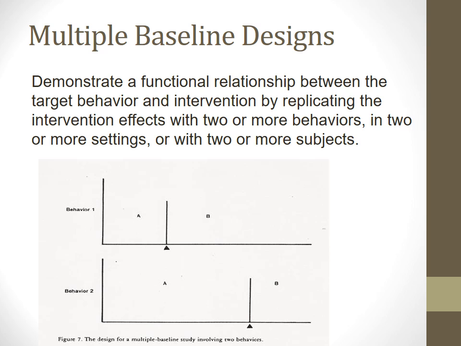We do this until the first behavior shows a treatment effect, and only then do we implement the treatment for the second behavior. Keep in mind that instead of behaviors, it could be 2 or more participants or 2 or more settings, such as morning versus afternoon, or school versus home, and so forth.